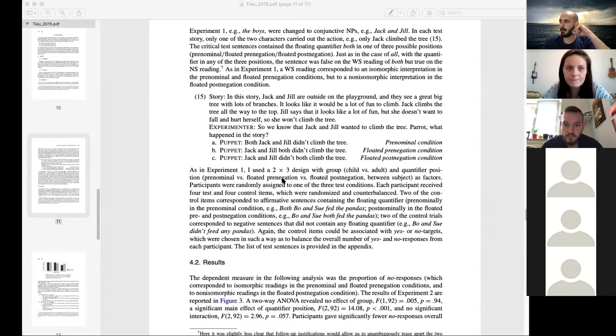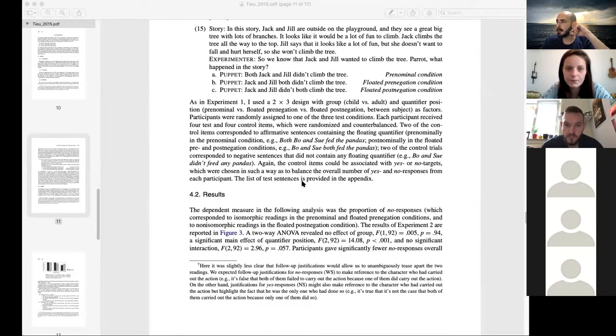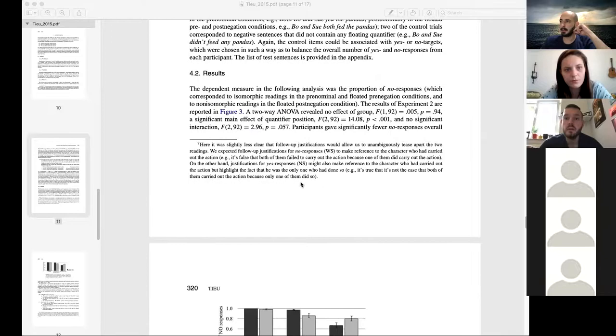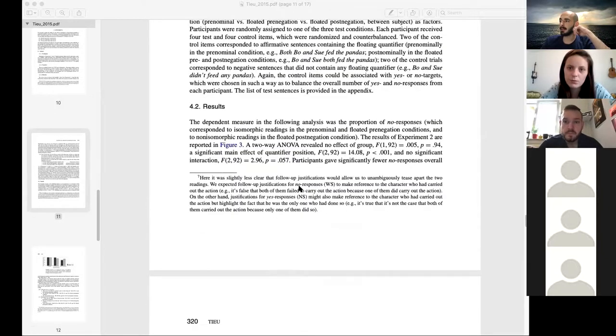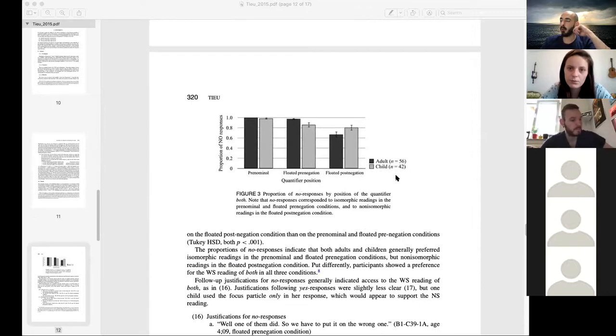So they use a 2x3 design, quantifier position. So I guess yes, right? No, it's between subjects. Oh, it's between subjects. So these 42 children were divided in the 3 conditions.